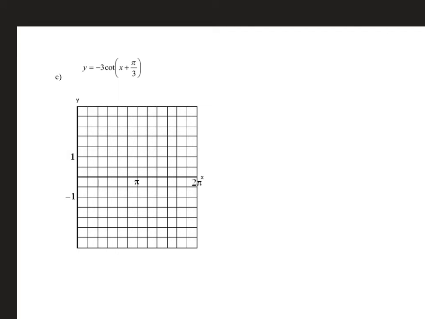So if we relate everything from our cotangent graph back to its primary curve, our tan curve, well, we know that our tan curve starts at the origin at 0, which means its reciprocal would give us an asymptote. So I know that I have an asymptote at an x value of 0.